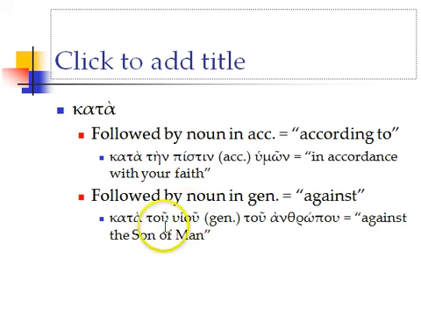The genitive case of tu huiou tells the Greek hearer, or the Greek reader, that a different set of possible meanings for kata is being invoked in this instance. So when we look at prepositions, it's often very important also to look to the noun case, the case of the noun that is governed by that preposition. That is to say, the case of the noun that is the object of the preposition.